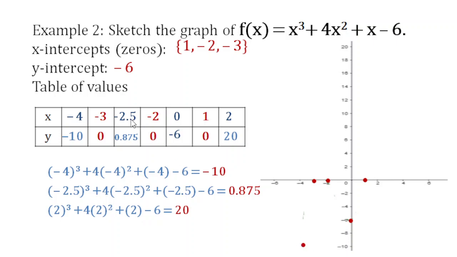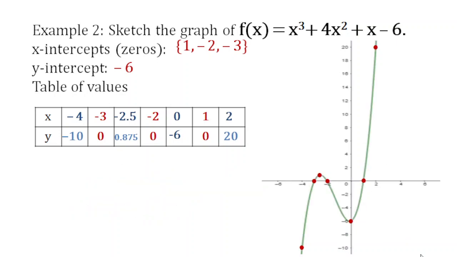Then negative 2.5 and 0.875, it is somewhere here. Then we have 2, 20, somewhere here. Now we are going to connect the points with a smooth curve, and our graph looks like this.